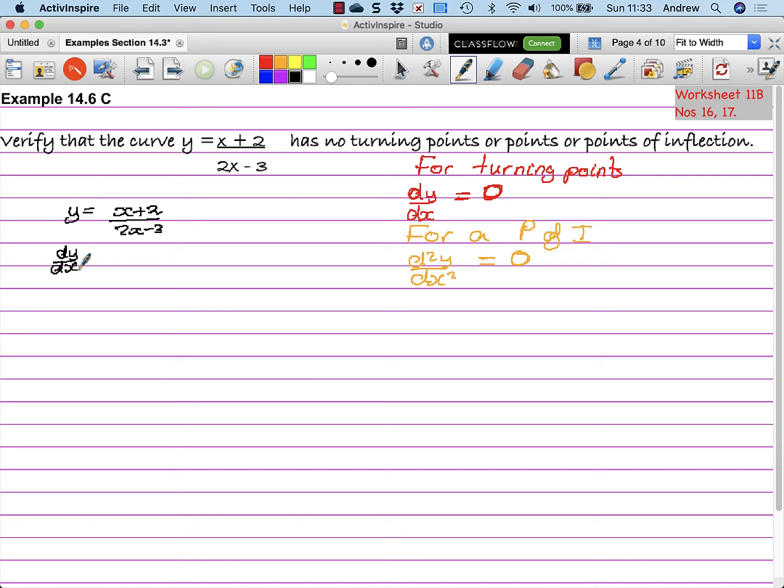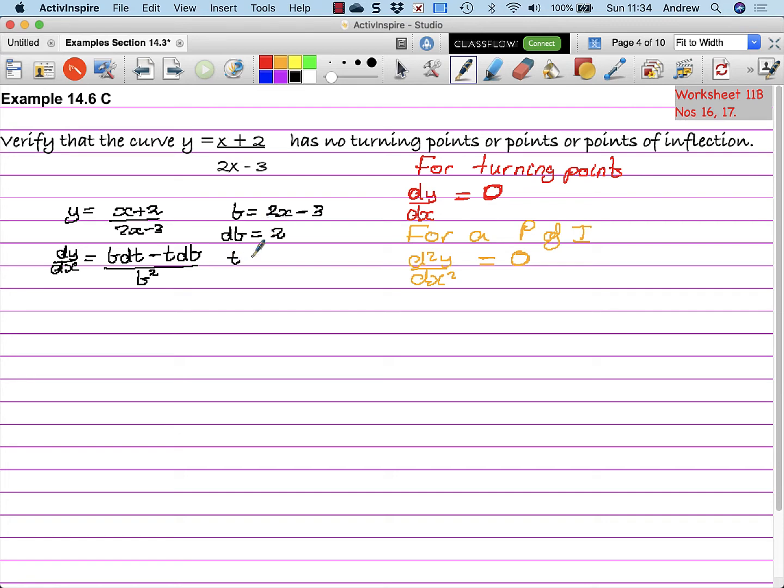To do dy dx, it's a quotient rule. So we've got bottom times differential of top minus the top times the differential of the bottom, all over the bottom squared. The bottom is equal to 2x minus 3, and the differential of the bottom is quite simply equal to 2.